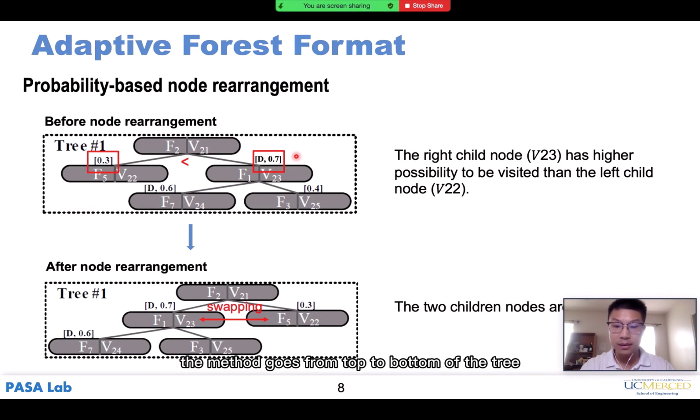The method goes from top to bottom of the tree. In this figure, the edge probabilities of the two children nodes of the root node at the second level are 0.3 and 0.7. The right child node has a higher probability of being visited than the left child node. Hence, the two children nodes are swapped.